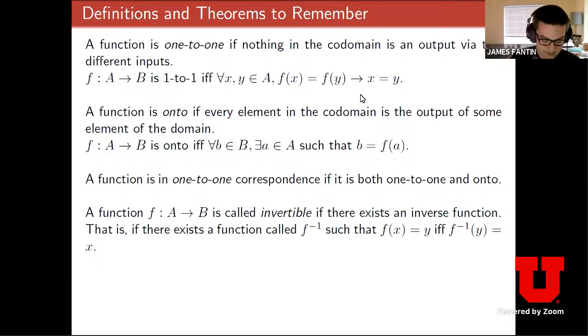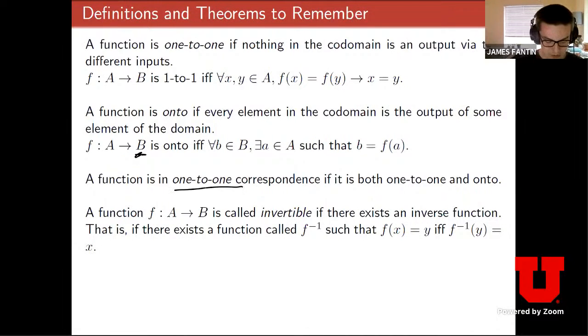So remember, when proving onto, we need to really think about what our codomain is, because the property of onto-ness comes from what you specify your codomain to be, not necessarily just entirely from the function.